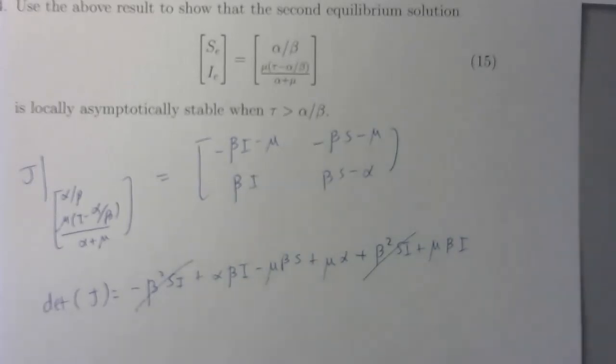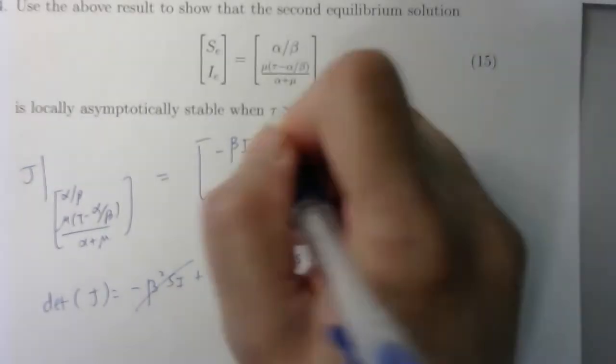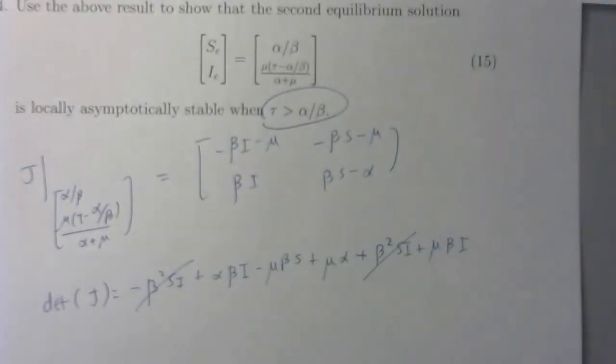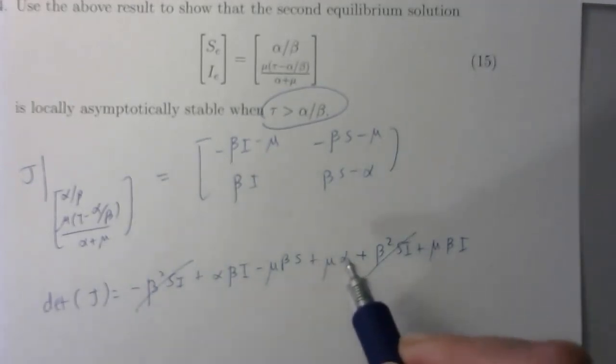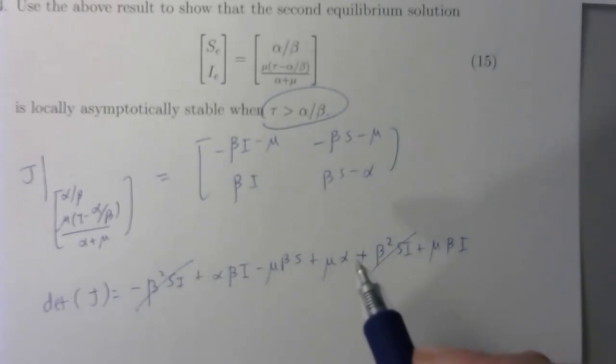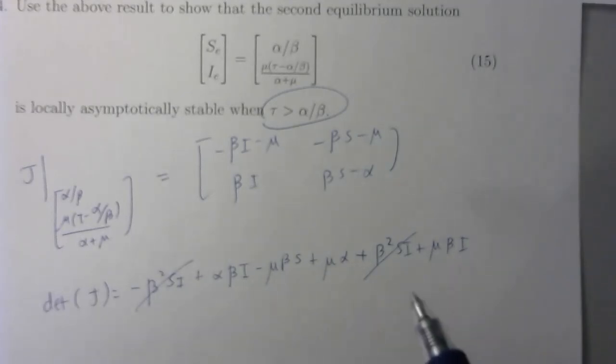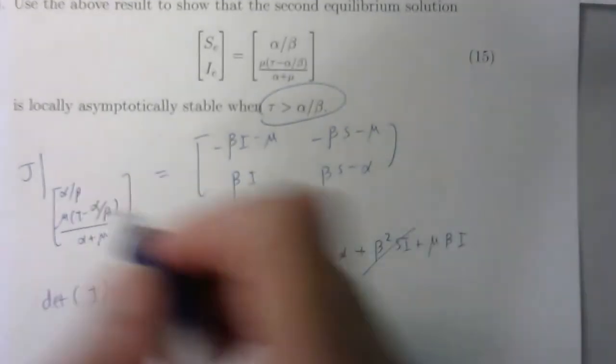Does anything else cancel here? Oh, well, the other thing is, we also assume that this is the case, right? So that means that this here, oh no, that doesn't help. Do I know anything else? Oh, excuse me.